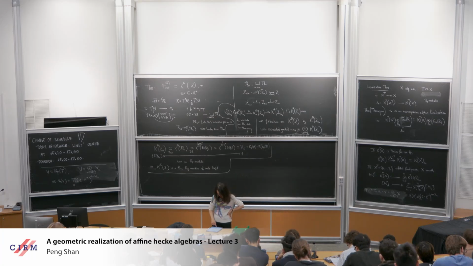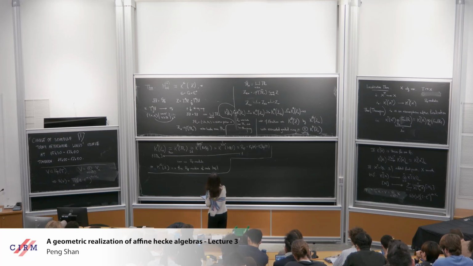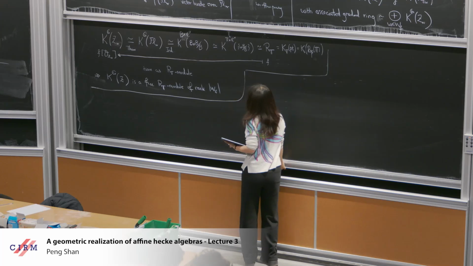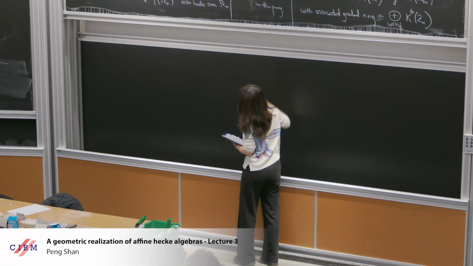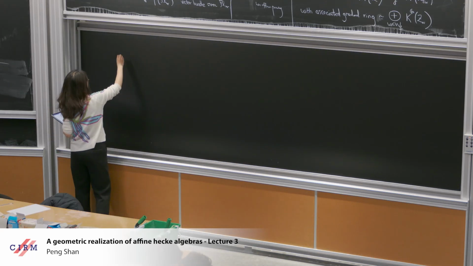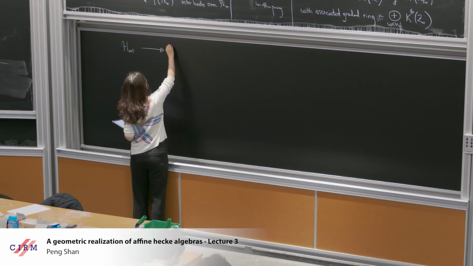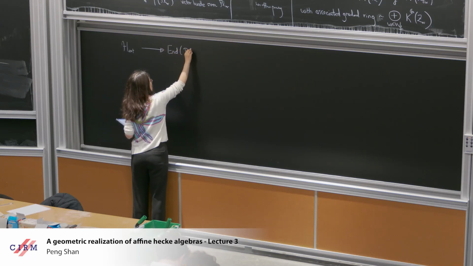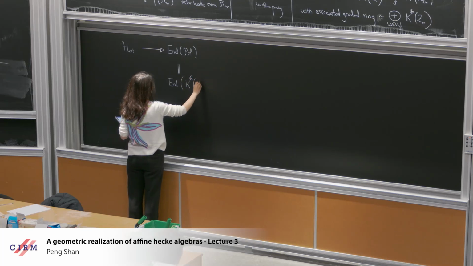Okay, now we're in business. So we want to prove this theorem, and I recall our strategy was that we have explained that we have an action of the extended affine Hecke algebra on the polynomial representation, which we have identified with the G-equivariant K-theory of the cotangent bundle of the flag variety.